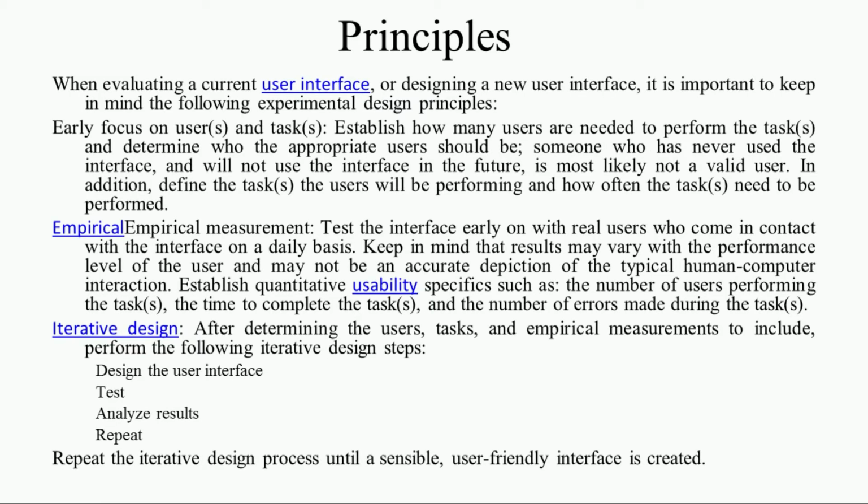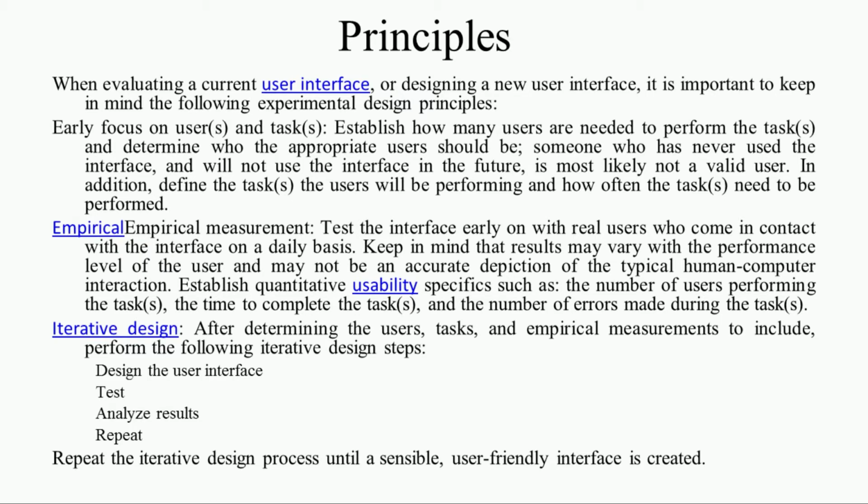The principles of human-computer interaction. When evaluating a current user interface or designing a user interface, it's important to keep in mind the following experimental design principles. Early focus on users and tasks.